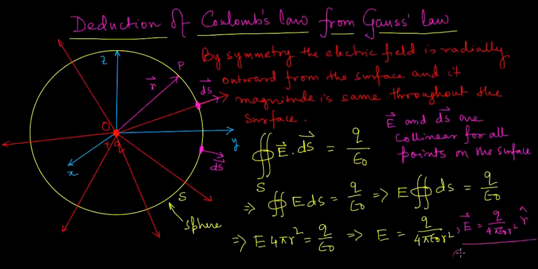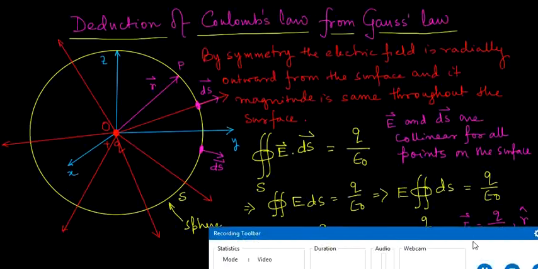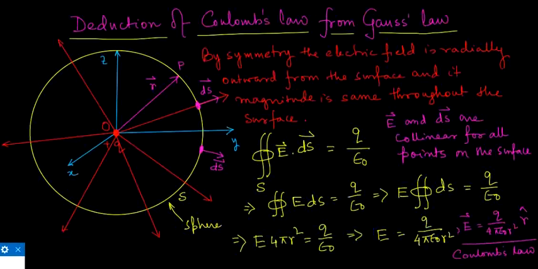So this is Coulomb's law. Okay, so this is Coulomb's law. So this is the deduction of Coulomb's law from Gauss law.